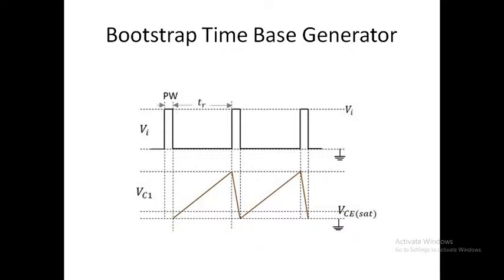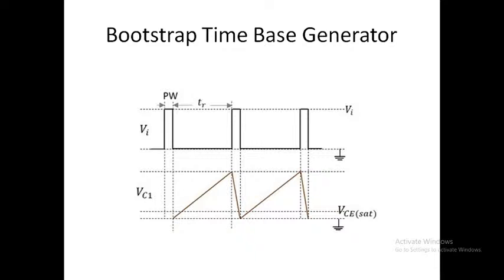As the output voltage increases, the diode D becomes reverse biased, and this will cause the voltage across the capacitor C, hence the output voltage VO, to increase linearly with time. This voltage will continue to increase linearly until it reaches VCC.